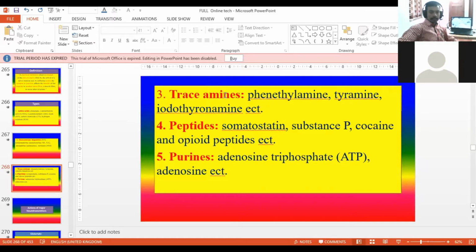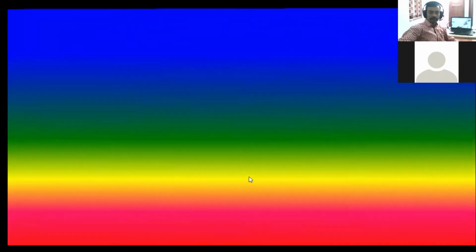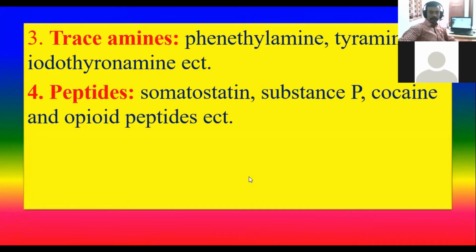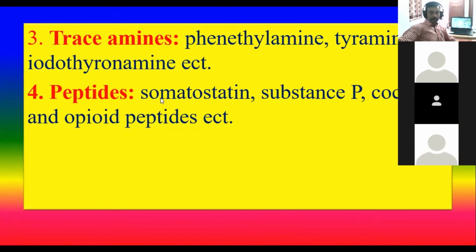So for better understanding, divide the terms into two or three parts. Somatostatin, iodothyronamine: divide them, and iodo means iodine, thyro means secreted from a particular part of the body, and like this.